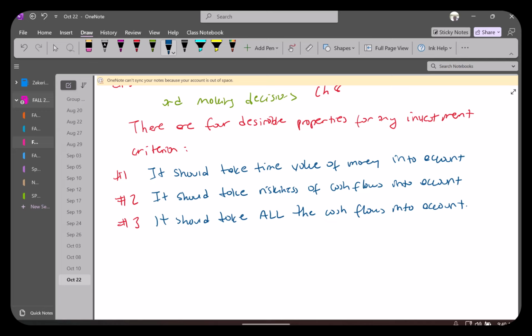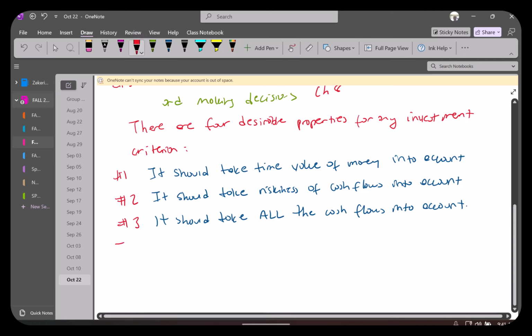But as you're going to find out towards the end of this lecture, there is a rather popular and simple to calculate measure. It's called the payback period. Basically, how fast are you going to get your money back from the investment? That measure completely ignores what happens once you get your money back.